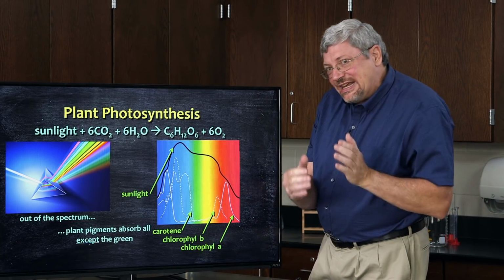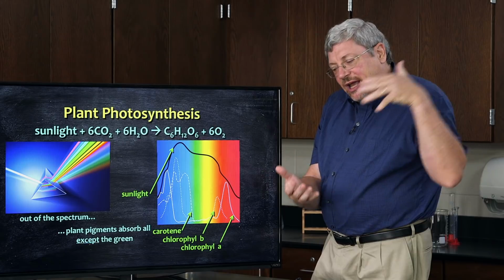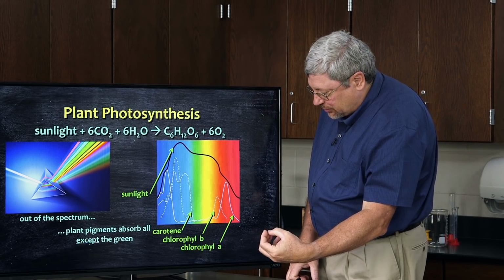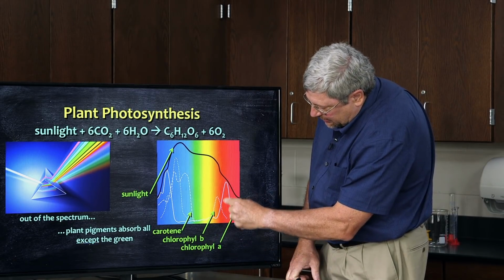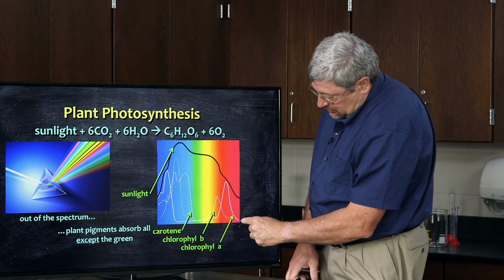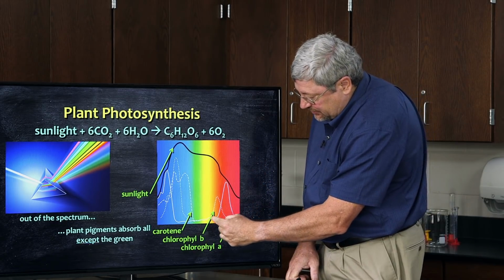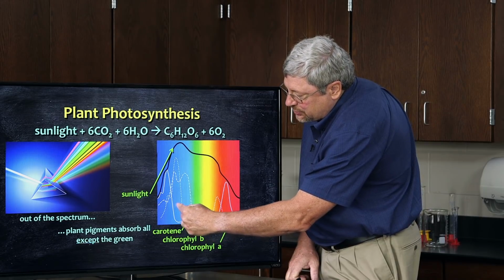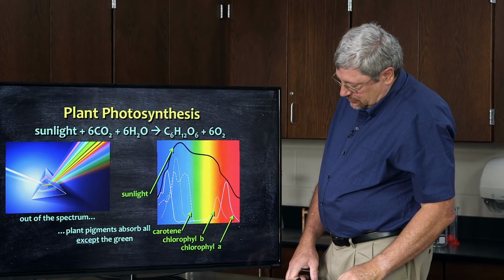If you take one of the individual pigments, like chlorophyll A, and look at what happens when light shines on it, what colors reflect, what colors are absorbed. Here you have a diagram that indicates, for chlorophyll A, this white line indicates what colors it absorbs. Chlorophyll A absorbs lots of red, doesn't absorb anything really in the yellows and the greens and the blues, but towards the blue-violet, it absorbs most of those colors.